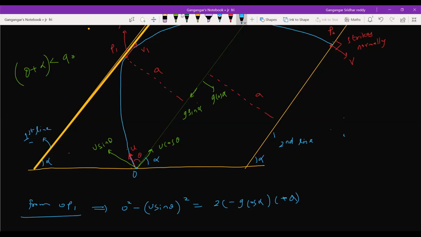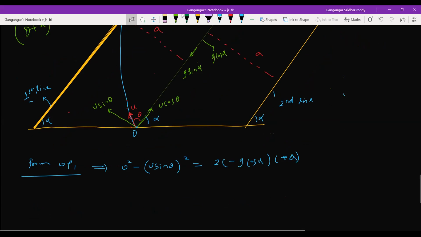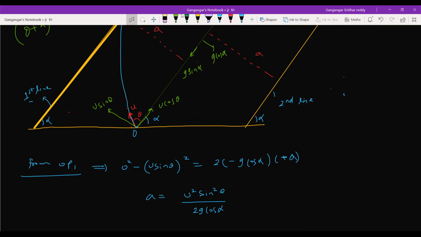Solving this, I get the expression a equals u squared sine squared theta by 2g cos alpha. Keep this equation in hand.